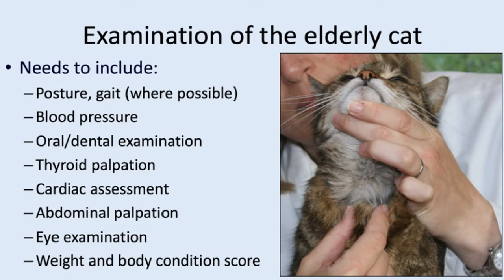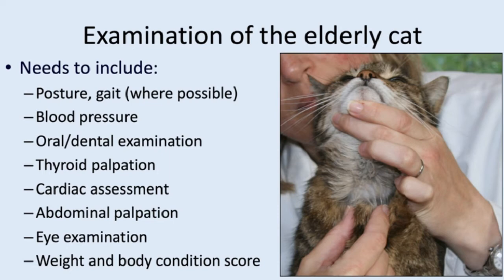And then the rest of the physical examination, thorough as always, but extra little things would include making sure we do feel for a goiter, because hypothyroidism often is associated with a goiter. So 80 or 90% of cats with hypothyroidism will have a palpable thyroid. Healthy cats should not have a palpable thyroid, so that would be certainly a helpful thing to look out for.